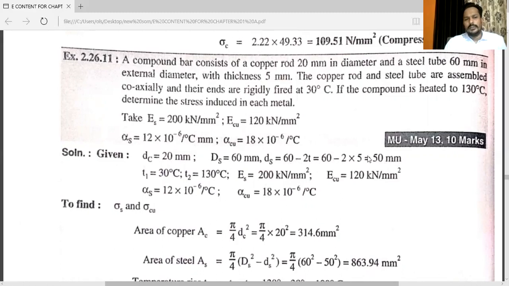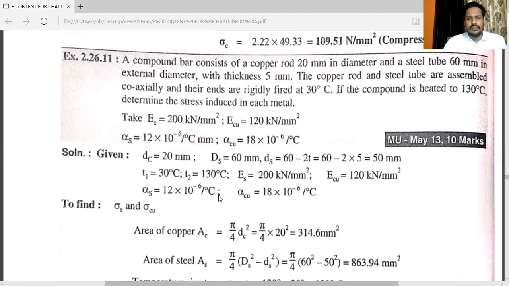You can see here T1 is equal to 30 degrees Celsius and T2 is given, that is 130 degrees Celsius. Young's modulus for steel is given, that is 200 kilonewton per mm square. E for copper is given, that is 120 kilonewton per mm square.